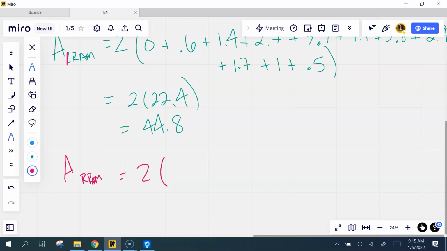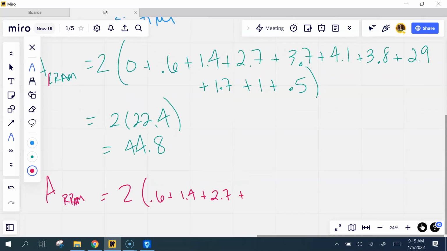So instead of starting with 0, I'm going to start with 0.6. Well, just so you have it in your notes.